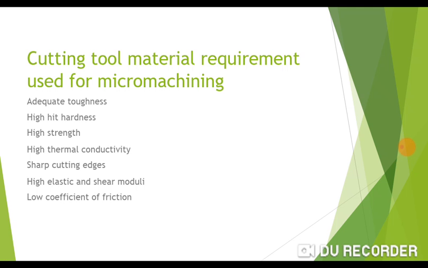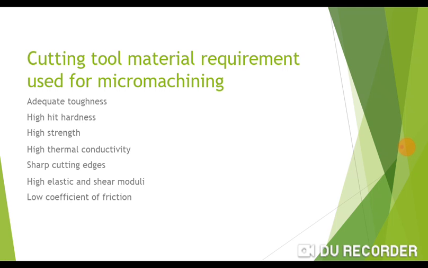There are some advantages of diamond as a cutting tool material. Diamond has a crystalline structure which allows producing very sharp cutting edges. Diamond has a high hot hardness. It has good strength.